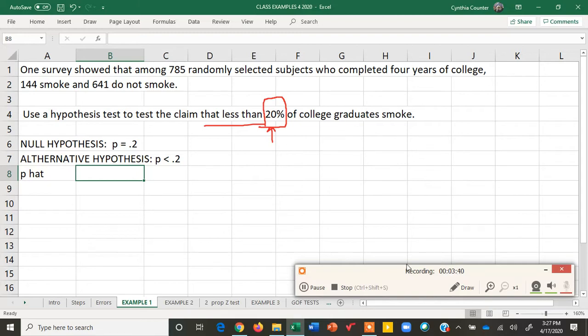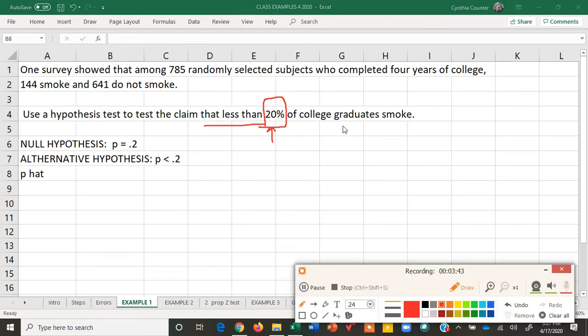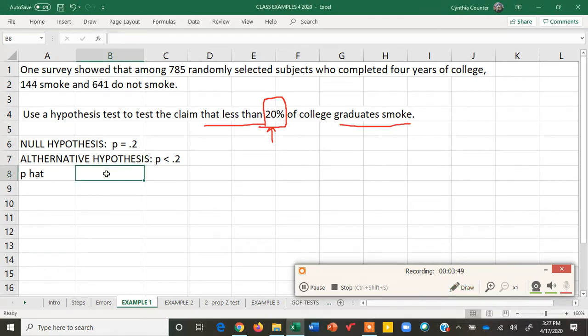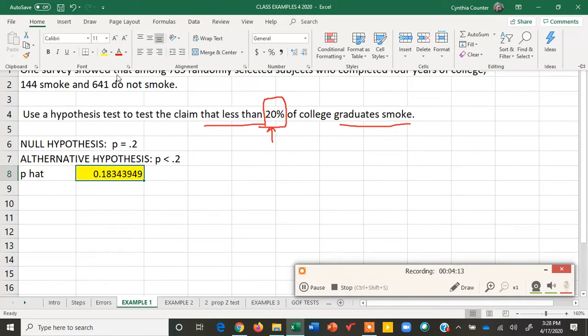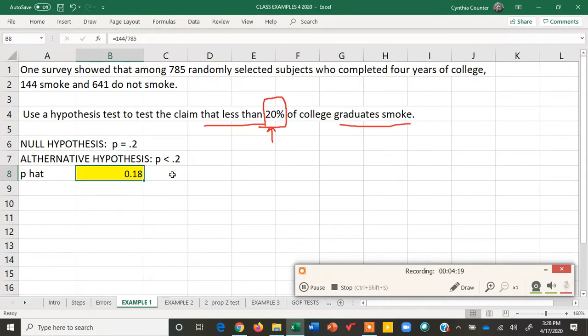Since we are making a claim about the percentage of college graduates who are smokers, our sample statistic will be the number of smokers in the sample, which is 144, divided by the total sample size, which is 785. Notice that our sample statistic is 0.183. So we're looking at something close to 18%. That is indeed less than 20%, all right?